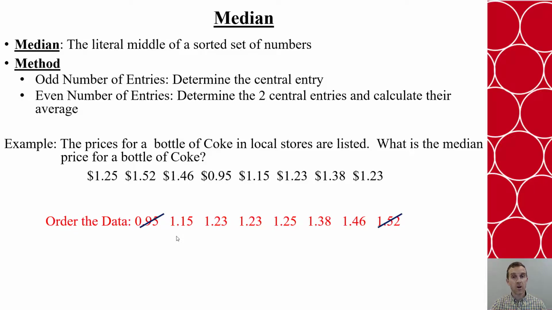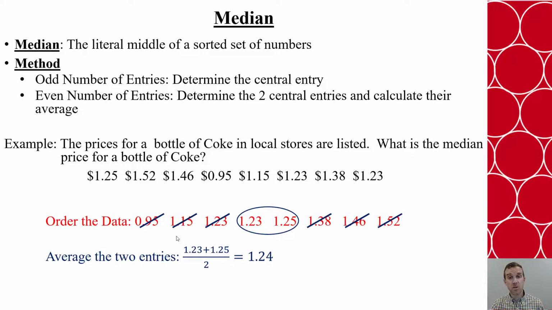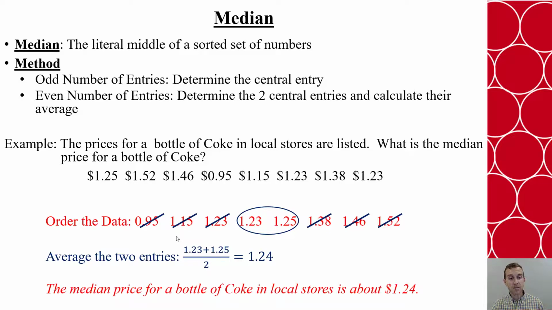So we can cross them off from the ends to help us get to that middle. So cross them off, and then what are we left with? The 2 in the middle. And we can see we've crossed off 3 on each side, so we are in the most central part of our data. Since it's an even number, we're going to take the average of those 2 values, which will be $1.24. So the median price for a bottle of Coke in local stores is about $1.24.